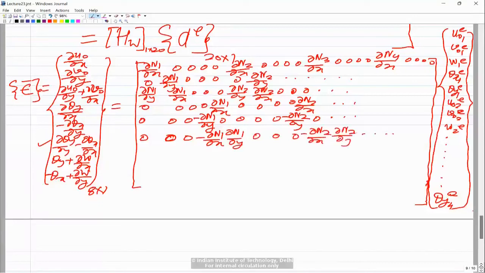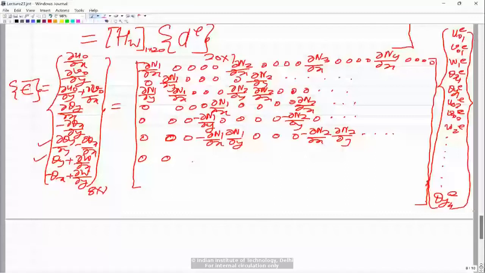Then if you look at this one, gamma xz, which is theta y plus del w by del x, both w and theta y are involved. w is the third, sixth degrees of freedom, like that. So we will have 0, and here we will have del n1 by del x.